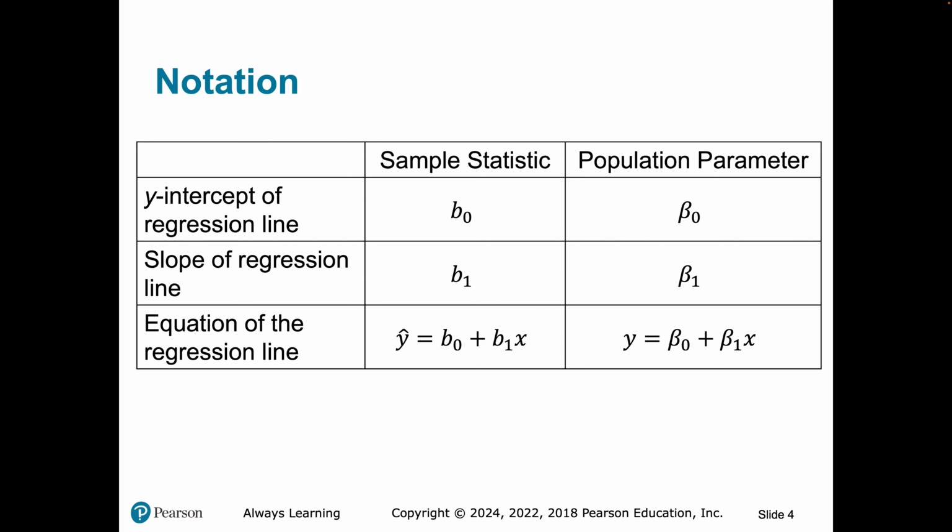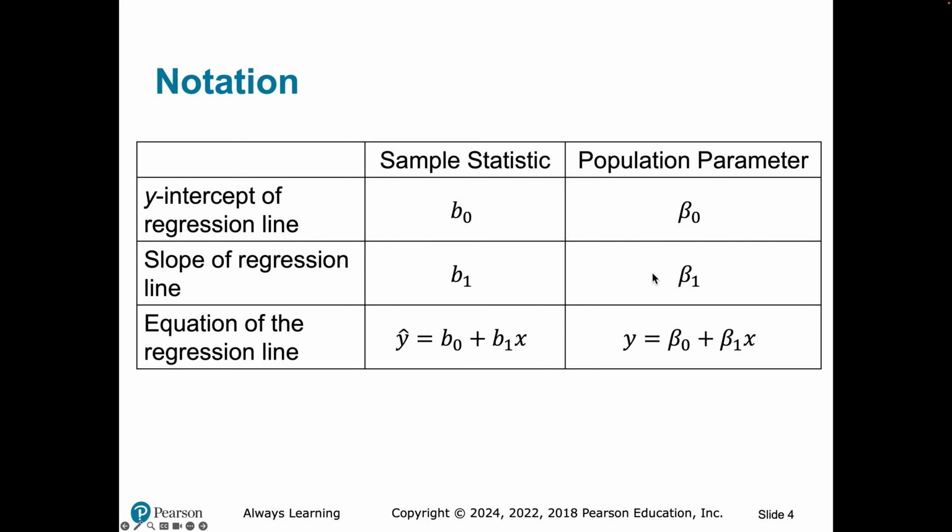Notation, kind of think of this as x bar and mu. Remember back when we were studying sample means, we would use the sample mean to estimate mu, the population parameter, right? Well, same thing here. We calculate a b0, which is the intercept of our regression model, and that's used to estimate beta 0, which is our population intercept. b1 is the slope of our regression model, calculated using our sample data.